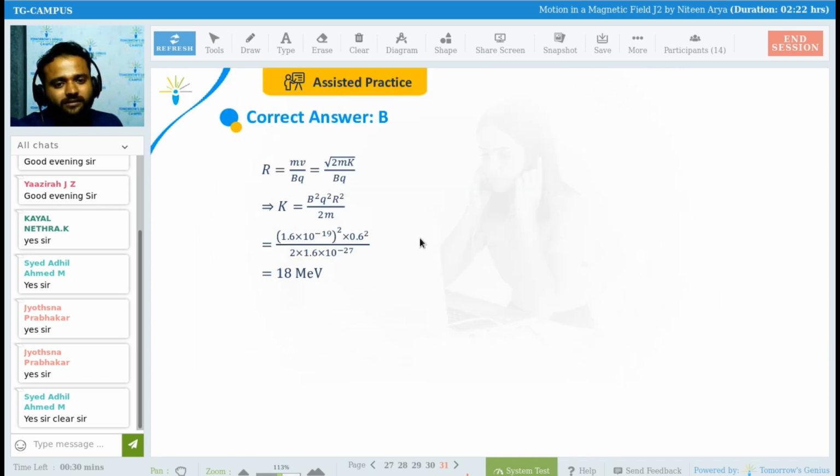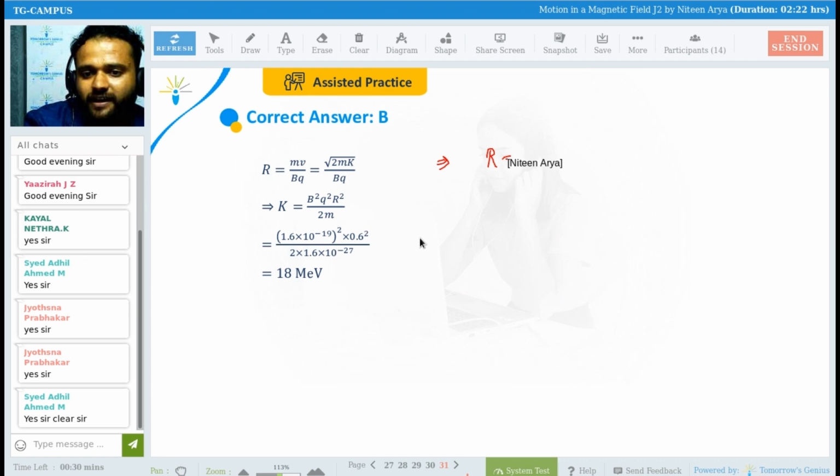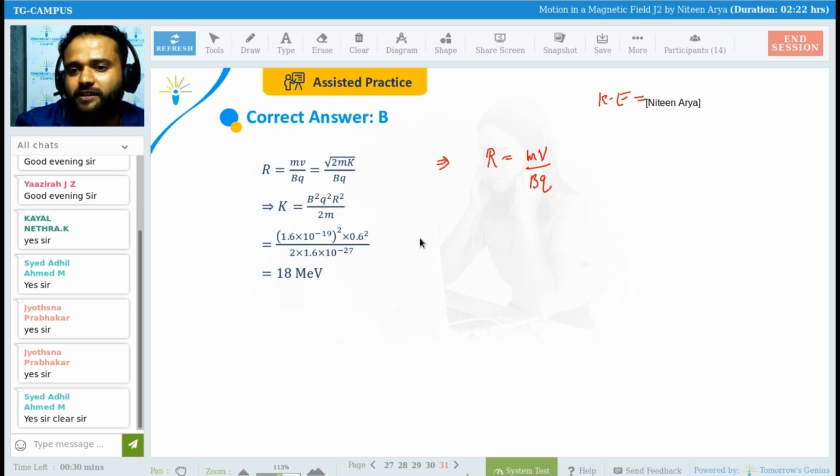B. Yes. R is mv by qB. You can write it in this way also. I think I taught you this first: R equals mv upon Bq, right? We know this. Kinetic energy is half mv square. How can you do that? Multiply and divide with mass. So what you get?